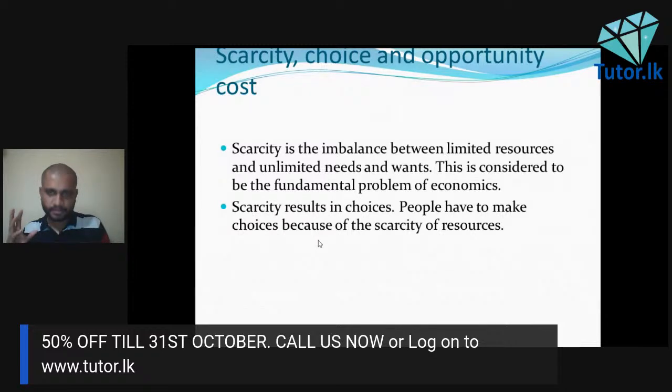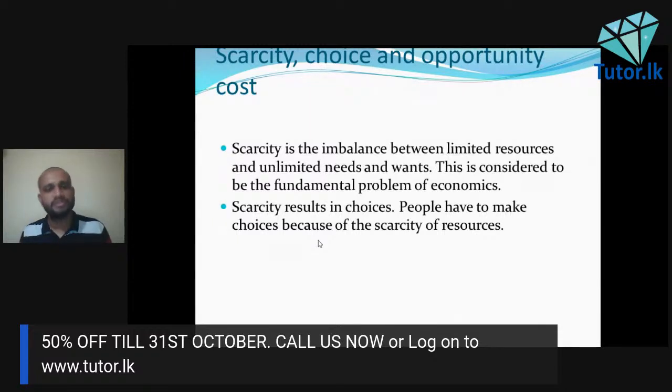What you need to understand is, when there is scarcity, you always have to make the best choice. Before you make the best choice, you need to rank the options as you see the best alternative. You have identified four projects, then you need to do a ranking based on your preferences. That's why we say scarcity results in choices.